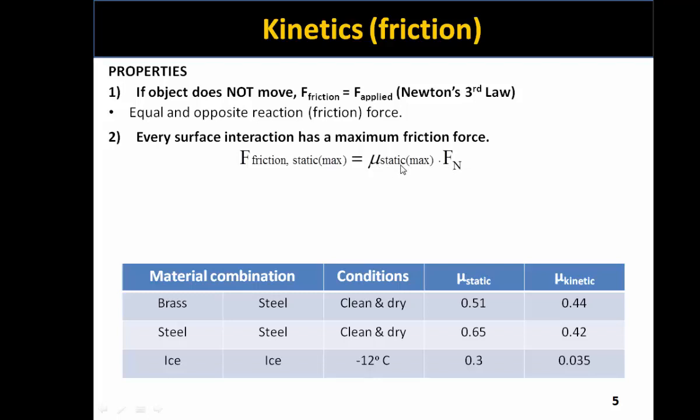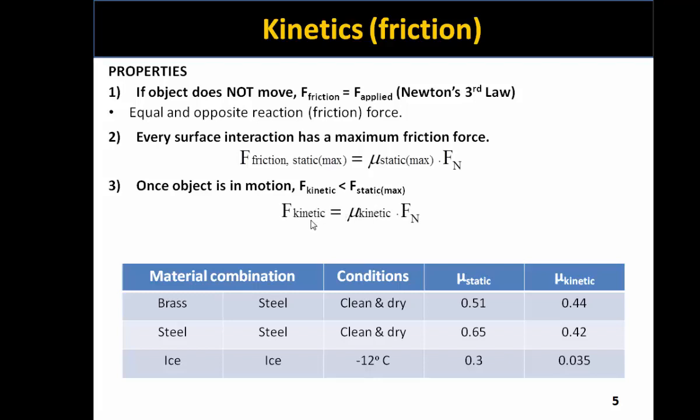And so the coefficient of static friction is something that characterizes the nature of the contact and the structure, the materials of both surfaces. Now, the third property is that once the object is in motion, the force that resists the sliding will dramatically decrease and become less than what was experienced by the object from the surface in terms of its maximum static force.